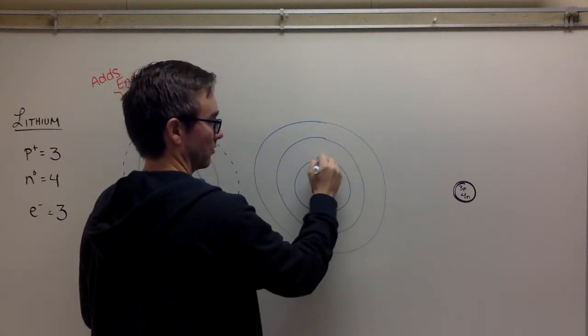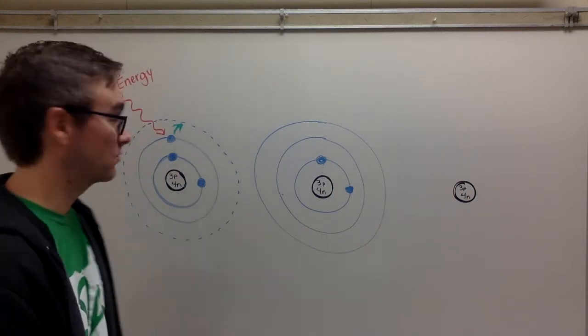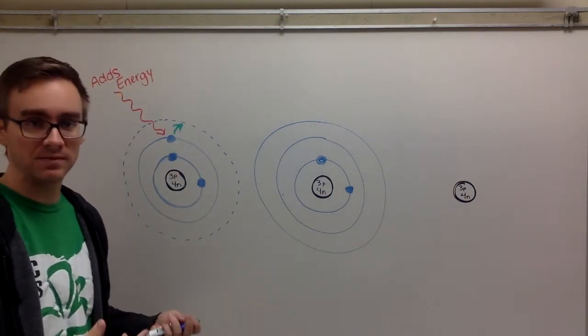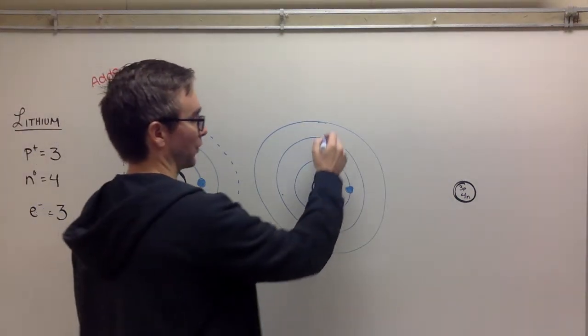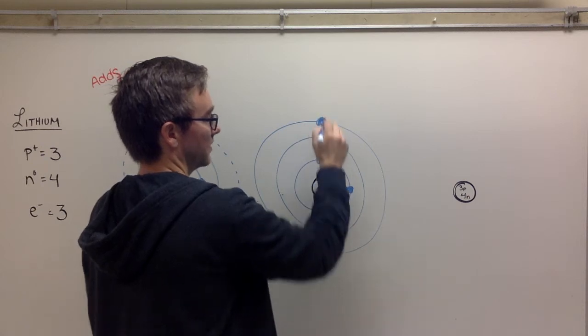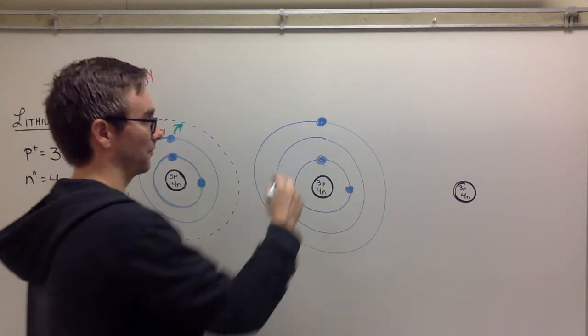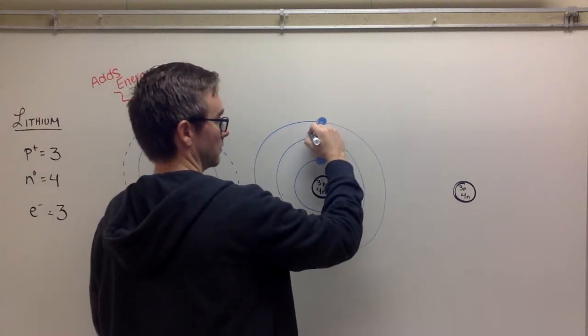Let me just draw my Bohr model real quick. So that second energy level, because it was the only one in there, is now empty; it's moved on to the third energy level. It's on that third energy level, and this is what we call it went up from here to here.